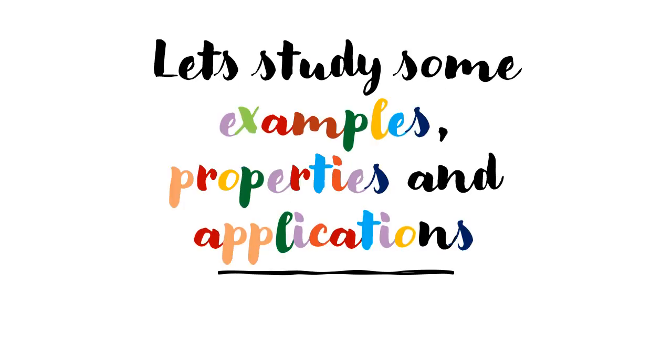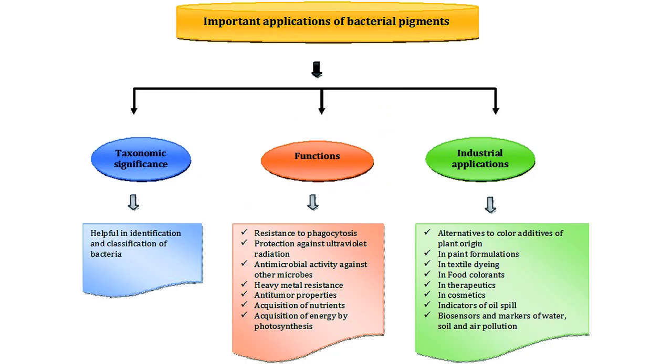So let's study some examples, properties and applications. This is a basic flowchart where you can see that pigments even have taxonomic significance. They help in the identification and classification of bacteria.